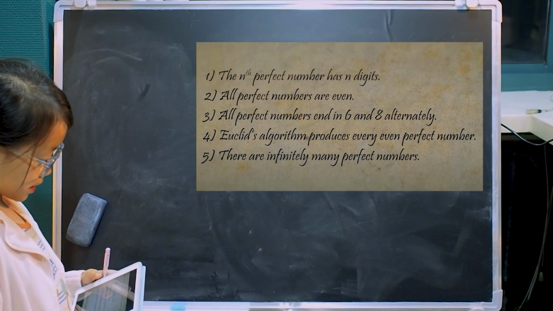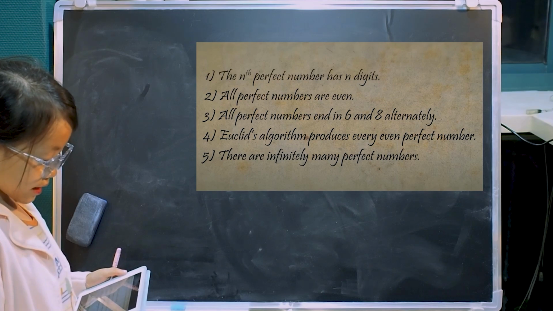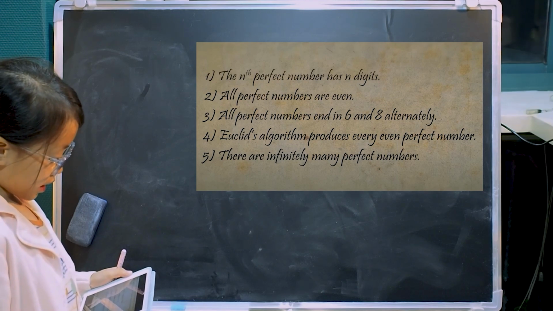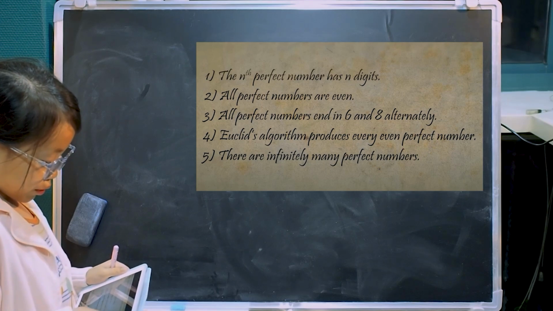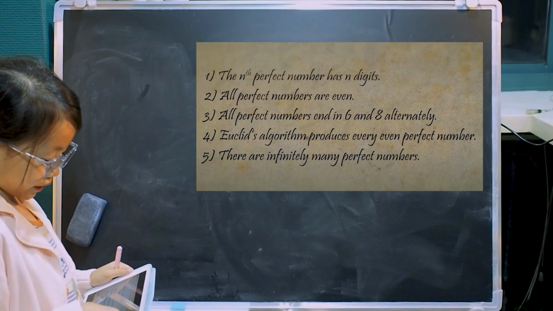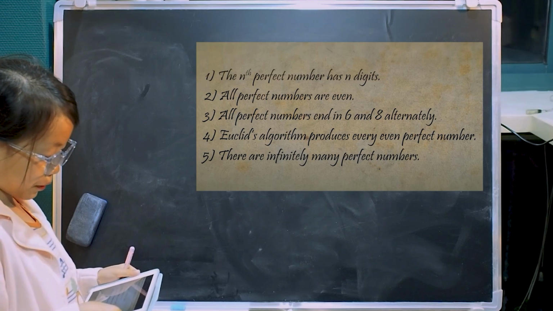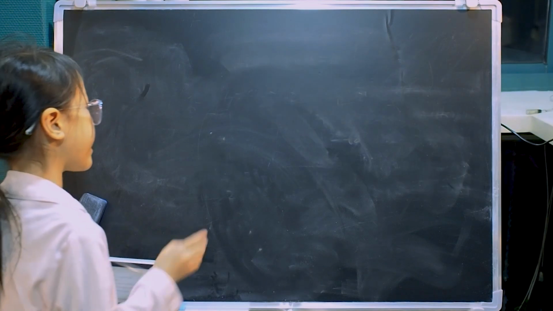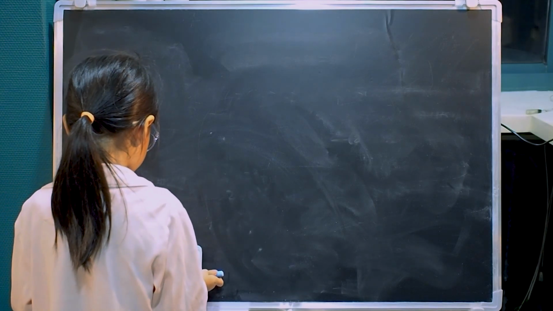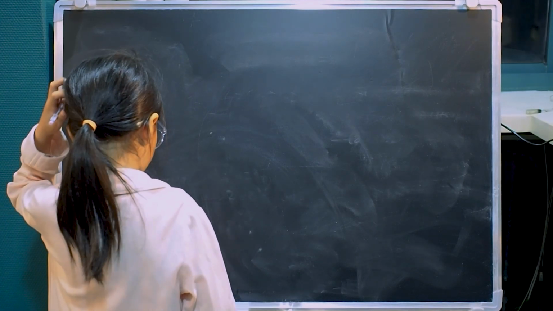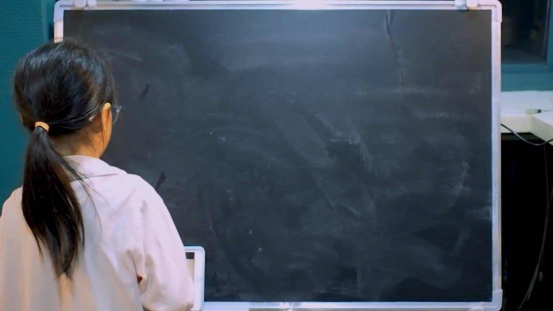The third one is all perfect numbers end in 6 and 8 alternately. Fourth is Euclid's algorithm produces every even perfect number. Fifth, there are infinitely many perfect numbers. And now let's see. First we examine the first and third conjectures.